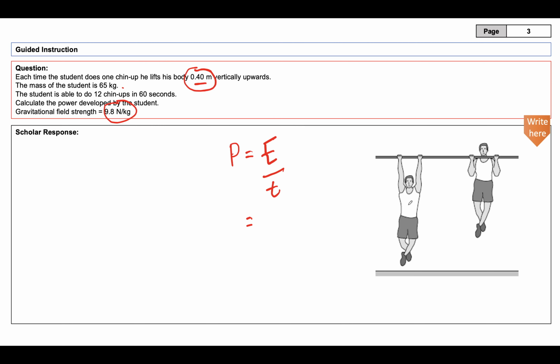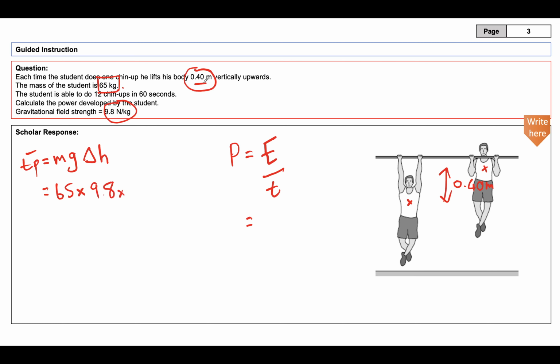When his centre of mass goes from here to here, it's increased its height by 0.4 meters. I'm going to work out how much energy he gains for every pull-up. We know his mass, we know gravitational field strength, and we know his change in height. The mass was 65, it tells us in the question. We know gravity, 9.8.